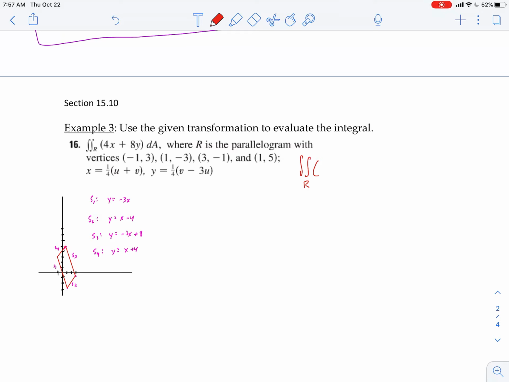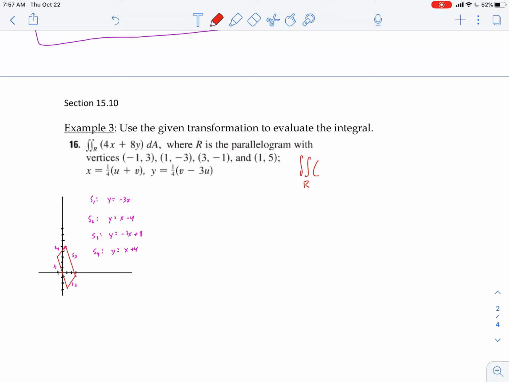To find our region, we're going to take each of these lines and plug in our x and our y to find the low part and the high part. The first one, S1, is going to be y, which is 1/4 v minus 3u, equal to -3 times x, which is 1/4 u plus v.